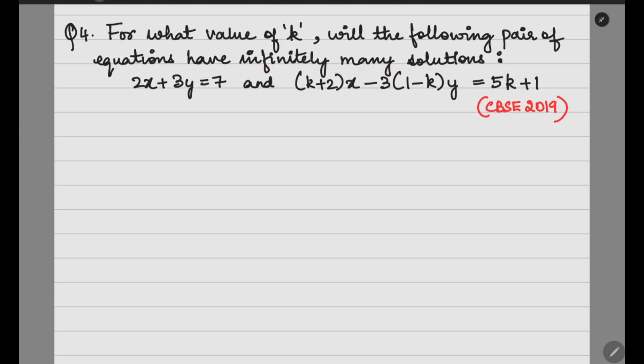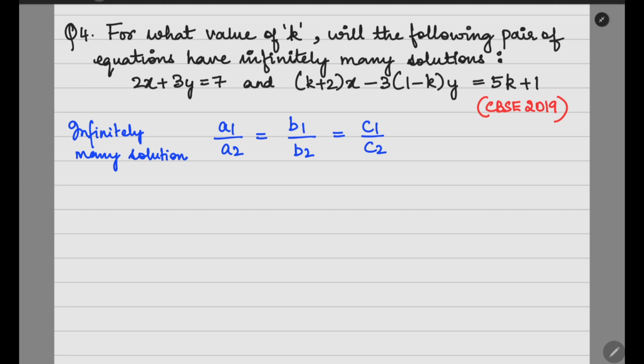Whenever you have infinitely many solutions, the condition is a1 by a2 is equal to b1 by b2 is equal to c1 by c2. So whenever you have a pair of linear equations having infinitely many solutions, this is the condition.